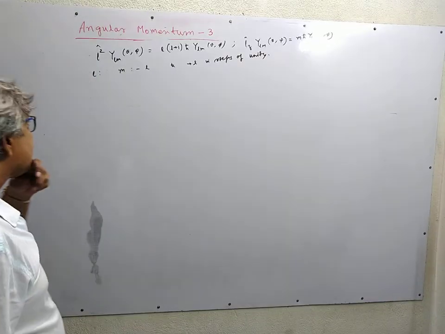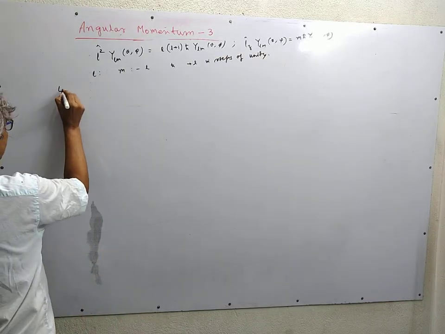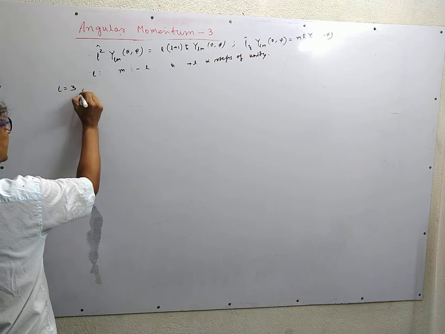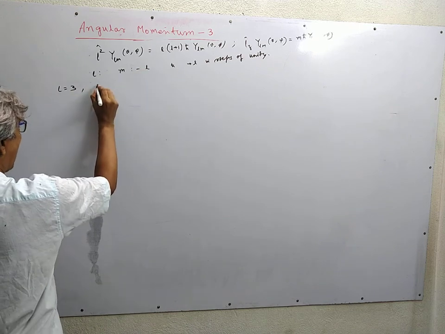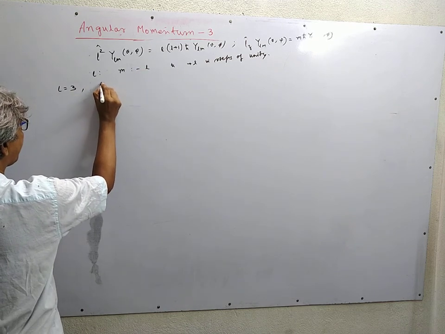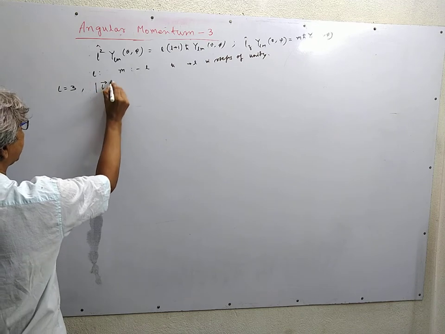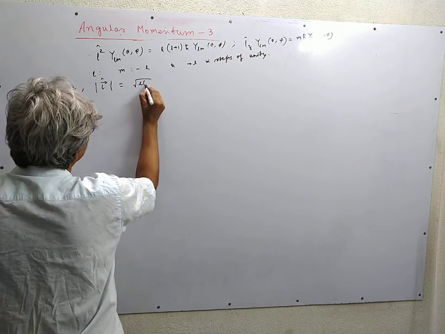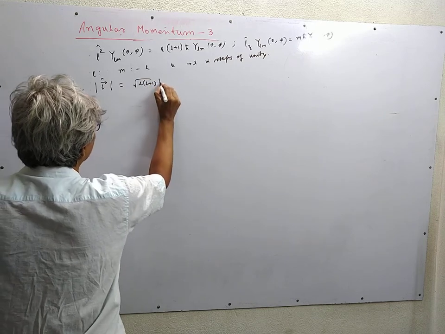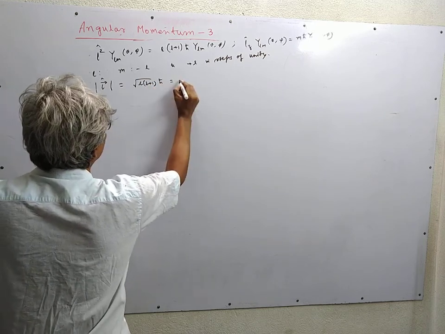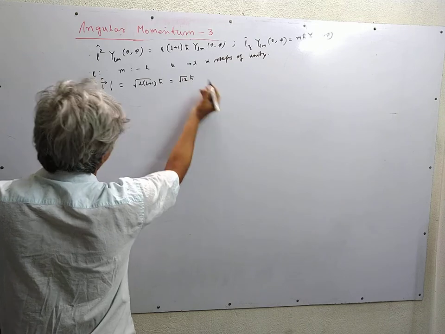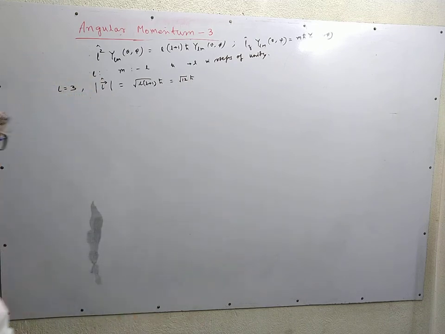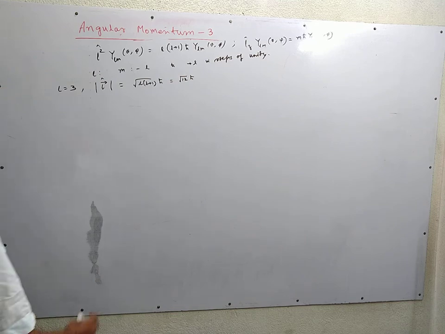Let us consider a case that l is equal to 3. In that case, the magnitude of the L vector operator is root of l(l+1) h cross, and this is root 12 h cross. So this is the magnitude of orbital angular momentum.